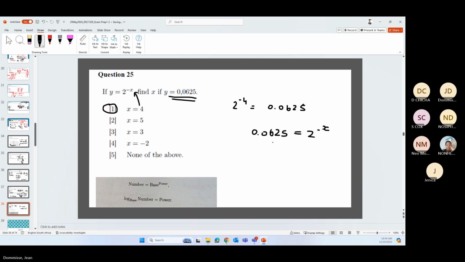So a way of changing it, and now you can follow that, the number is equal to the base to the power. So if we want to change it, it's log base the number, and that will be equal to the power.